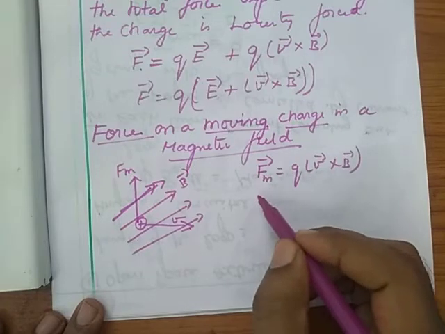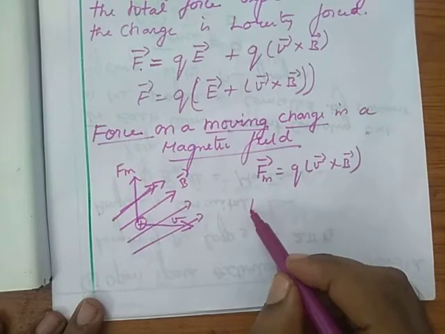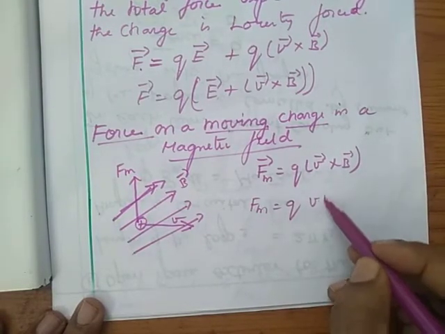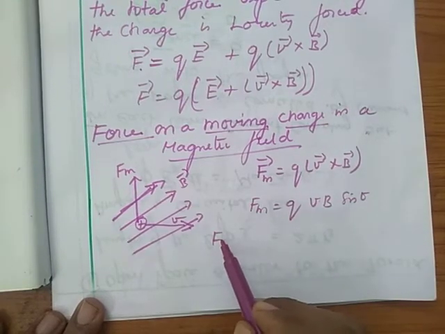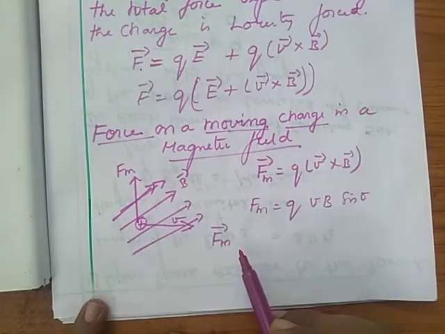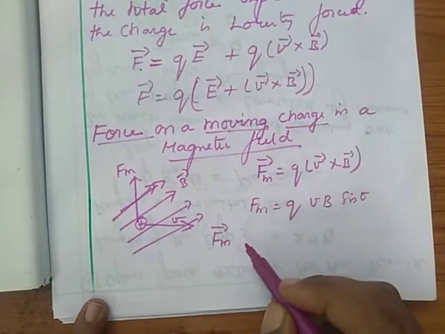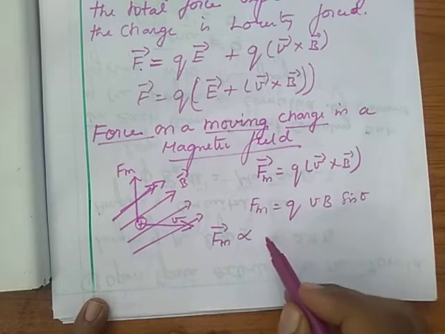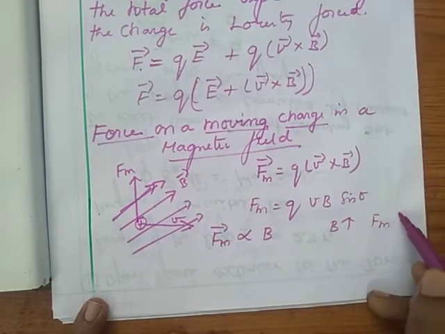In order to write the term in terms of magnitude, Fm is equal to q v B sin theta. The force experienced by the charge in motion in a uniform magnetic field is directly proportional to the magnetic field B. If the magnetic field increases, then the force on the charge also increases.